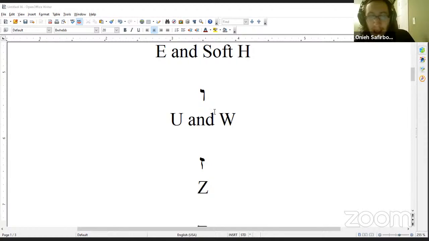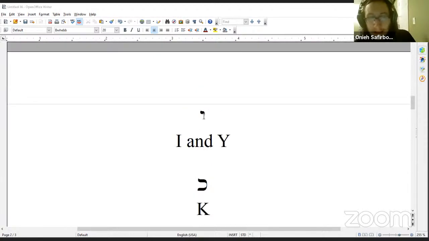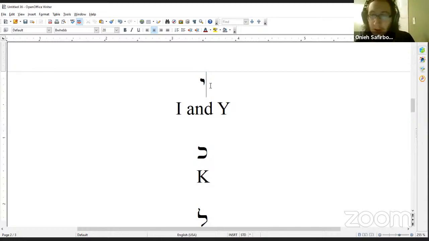Next, we have the letter yod, which corresponds to the English letter I, and it has an E sound and a Y sound. The reason it has that Y sound is because naturally when you're saying that vowel, E, it ends in a Y consonant.